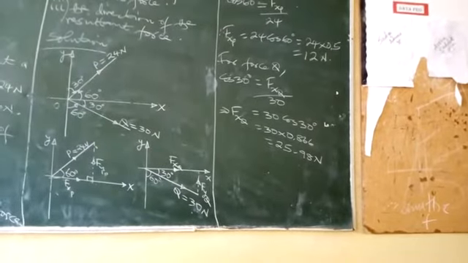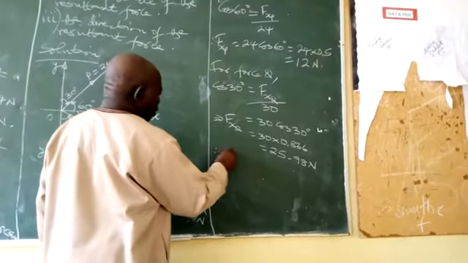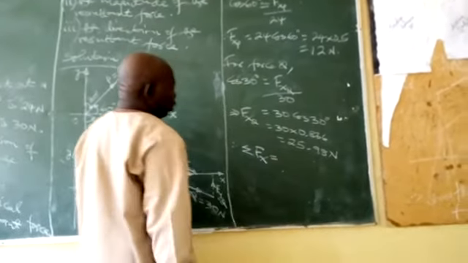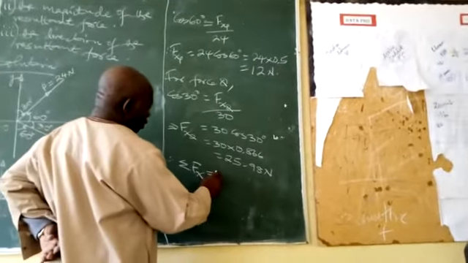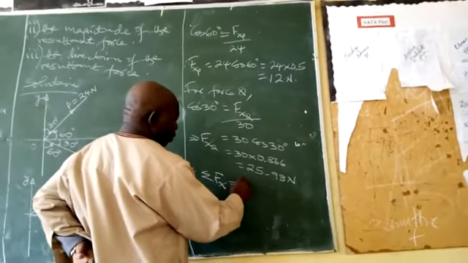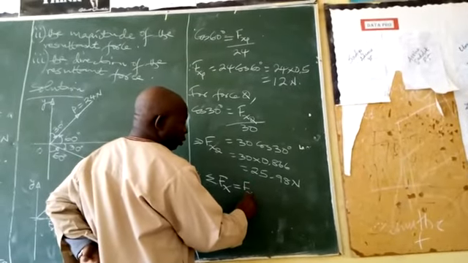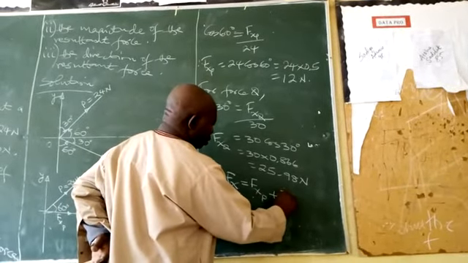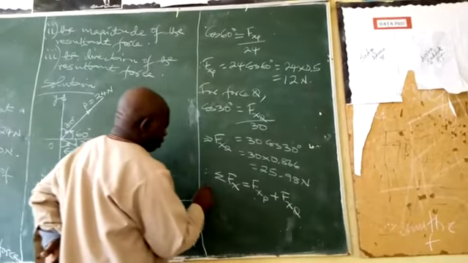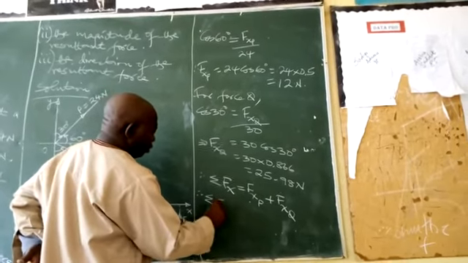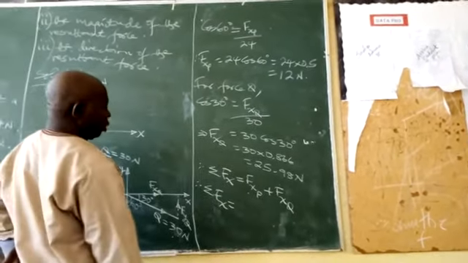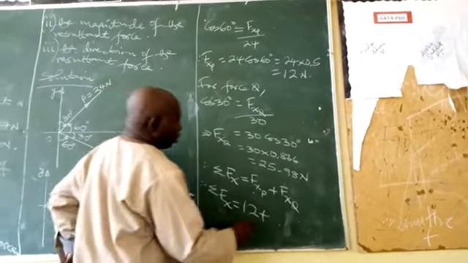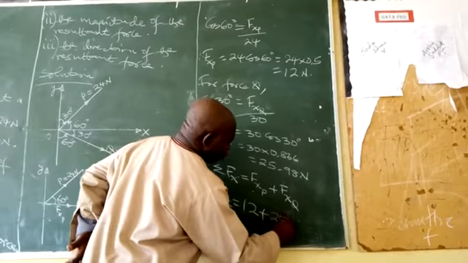So then the summation. Therefore, summation F sub x will be F sub x P plus F sub x Q. So summation F sub x now will be, this one is 12 plus 25.98.